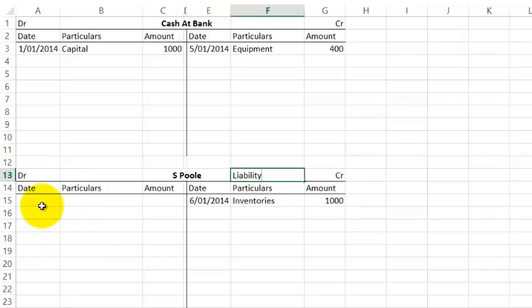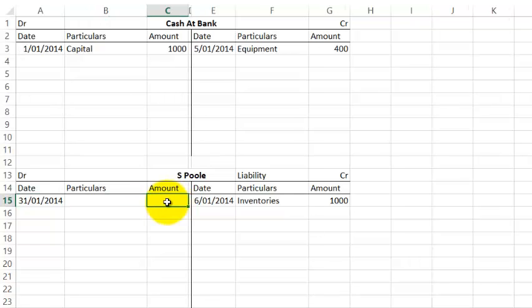Now let's assume that we come to the end of the month, the 31st, and that we have paid off this debt to S Pool, and let's assume that in this instance we're going to pay half of it. So S Pool is a liability. If we're going to decrease the liability account, it appears on the debit side as per our rule. Let's just say we pay $500 here.